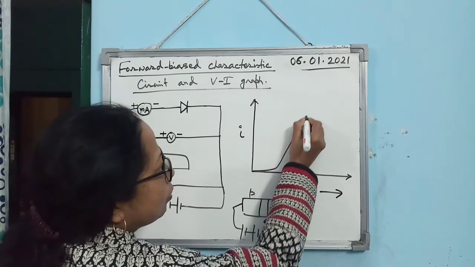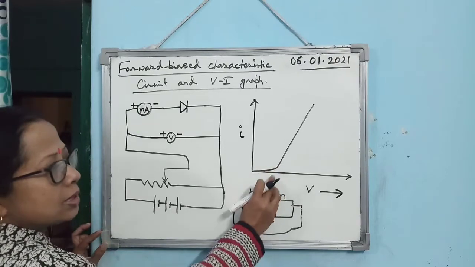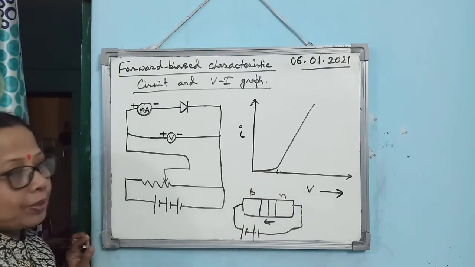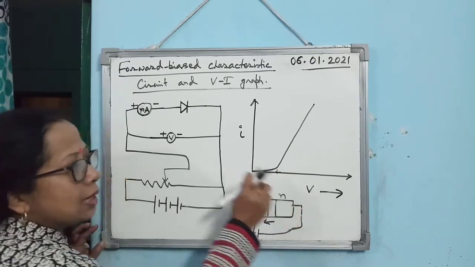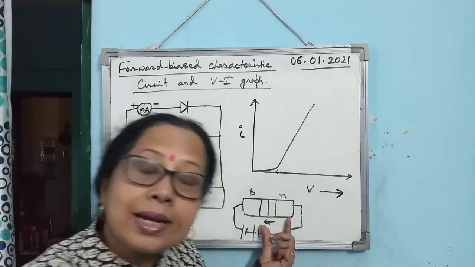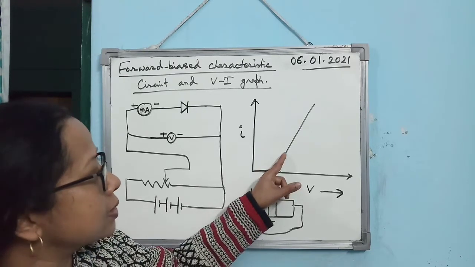Then the current will increase like this, forming a knee here. This is known as the knee. At this point, the applied potential is able to break the potential barrier across the junction completely, and the majority charge carriers start diffusing.